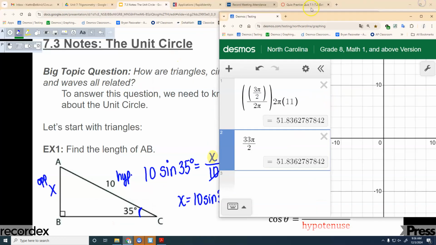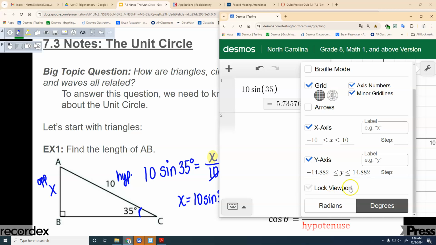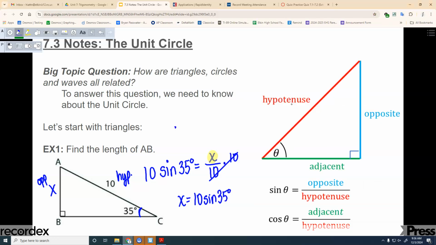So 10 times sine 35 degrees. Let me make sure it is default degrees here. Yep. All right. And I get 5.736. So x would be 5.736.